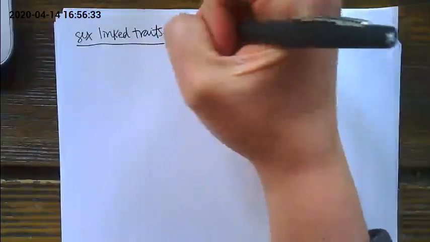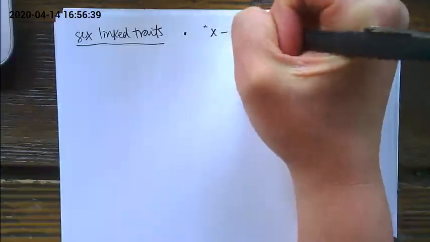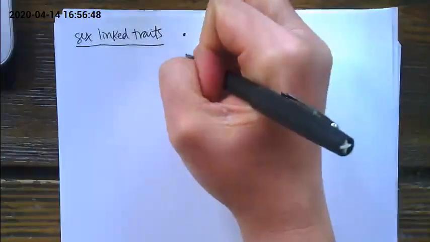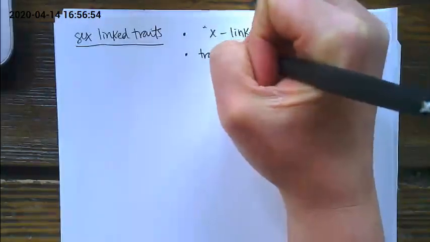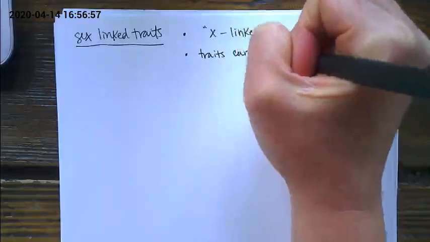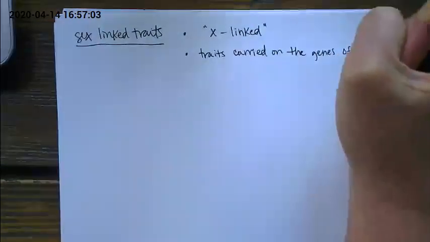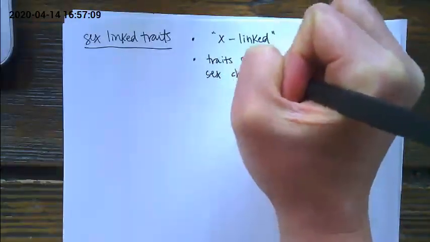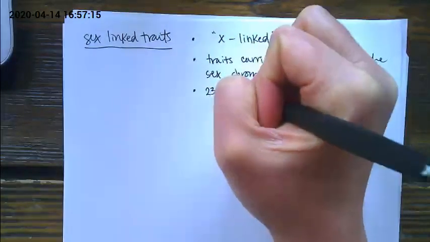Sex-linked traits, also referred to as X-linked, because they're traits that are carried on the X chromosome typically. So, these are referring to traits carried on the genes of the sex chromosomes, which you remember is the 23rd pair.